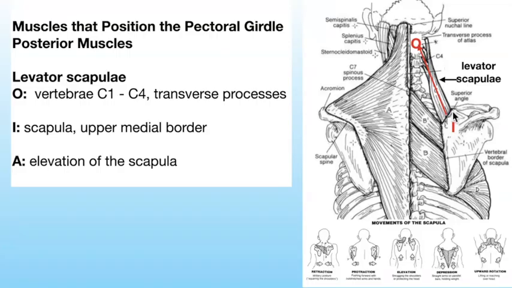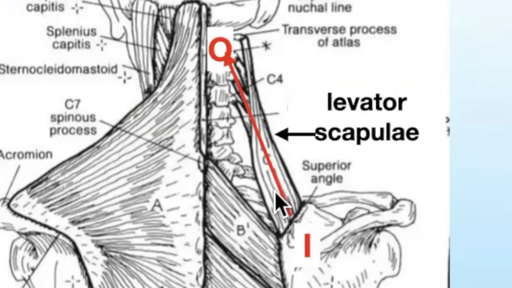Now, the insertion, if you look over here at the picture and you imagine that this scapula is a triangle, it's as though the upper medial corners of the scapula were just trimmed down a little bit, cut a little slantier, and that's the insertion point. So hopefully that'll help you to remember where the levator scapula inserts.